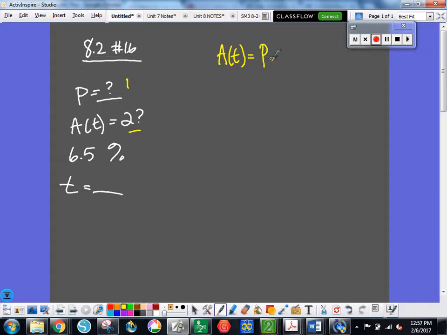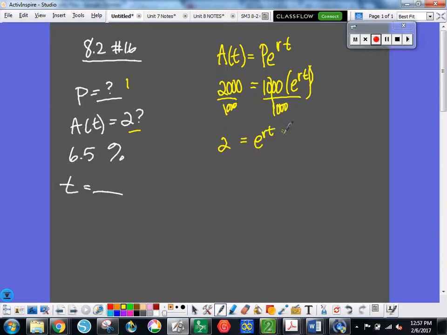Let me show you really quick. If I deposited 1,000 and wanted to get it to 2,000, the very first thing you'll do is divide by 1,000. What do we get on this side? 2.